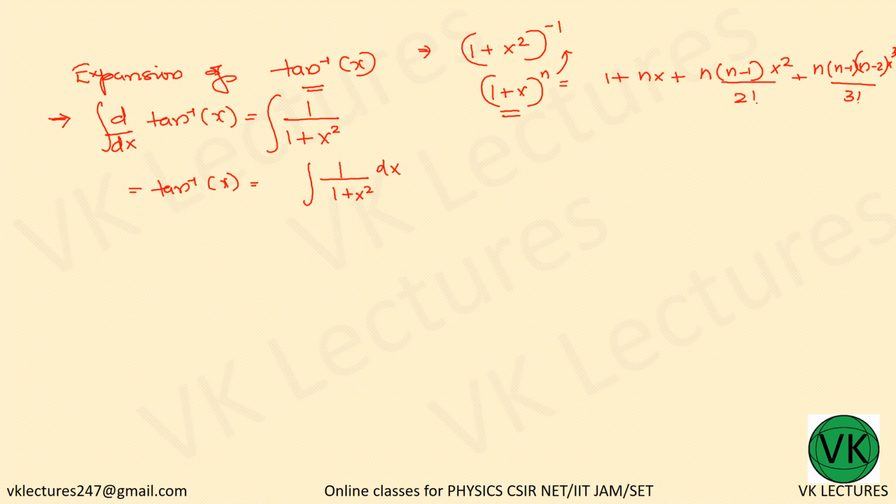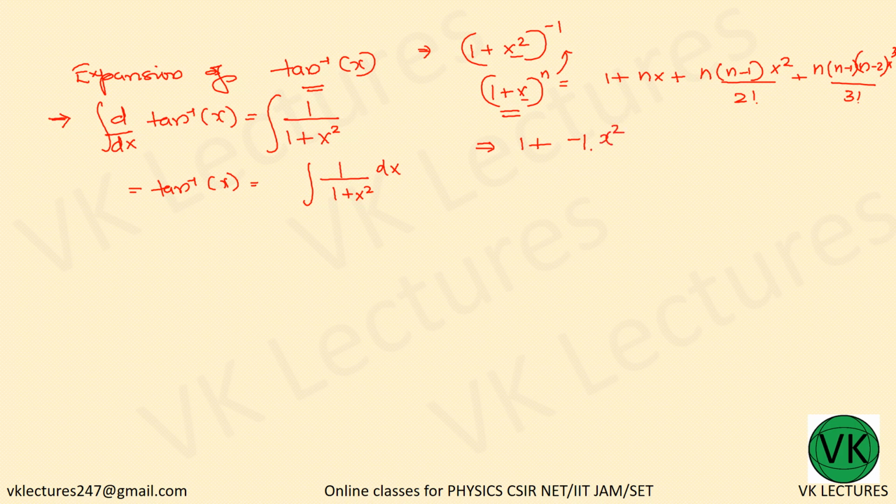So here let us put n equal to minus 1. And what is x? x is equal to x square and n equal to minus 1. So let me write it as 1 plus n, which is minus 1, into x, which is nothing but x square.